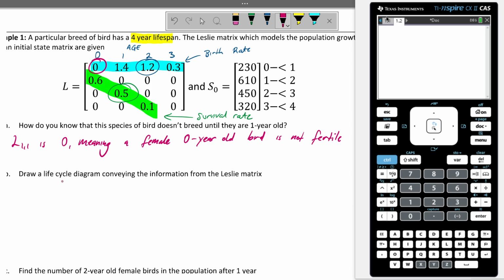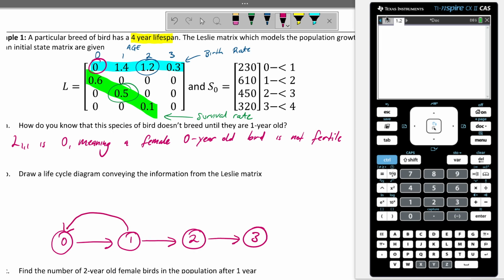Next, draw a life cycle diagram conveying the information from the Leslie matrix. So what I'm going to do here is go 0, 1, 2, 3, put lines, put lines, put lines, and then put lines back like this.